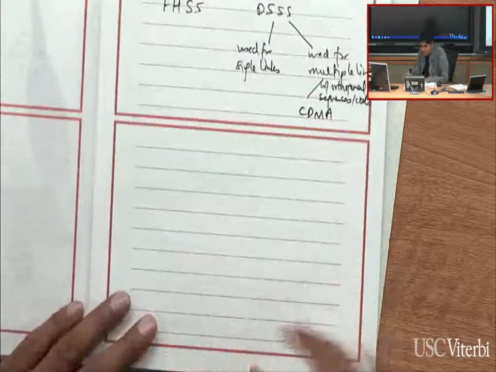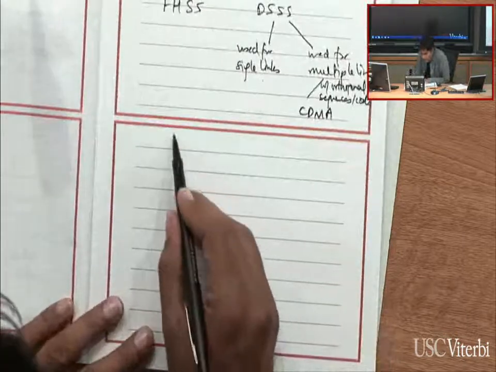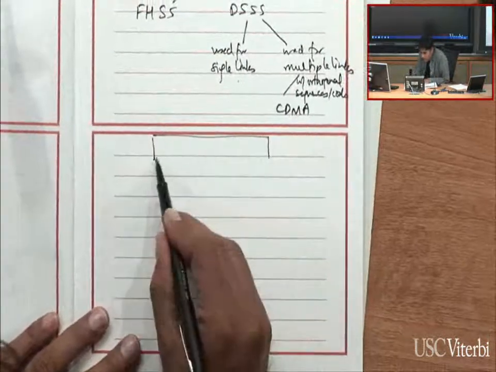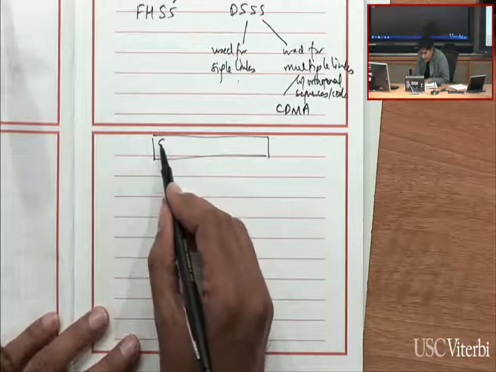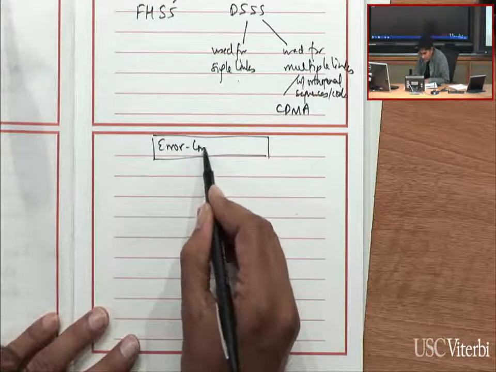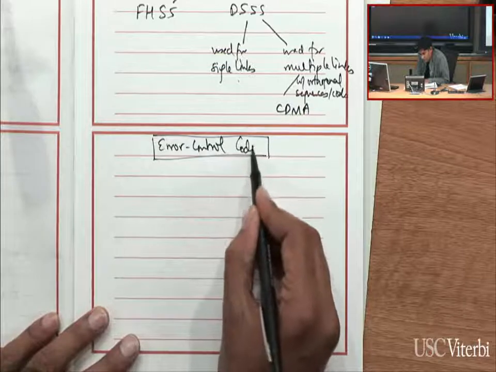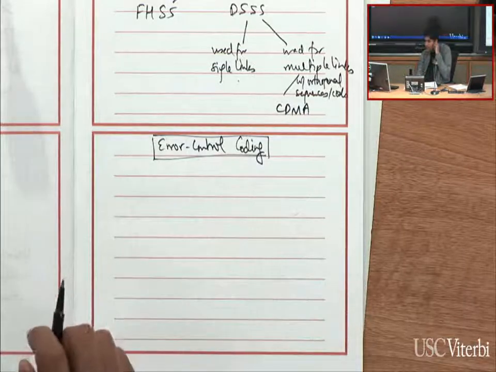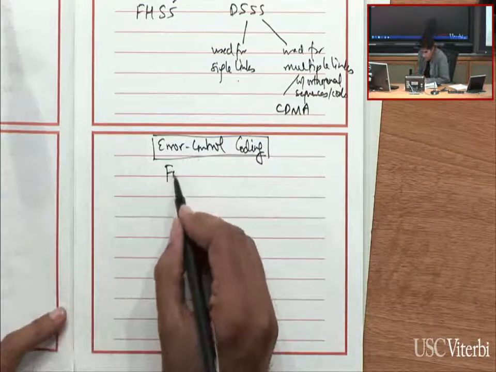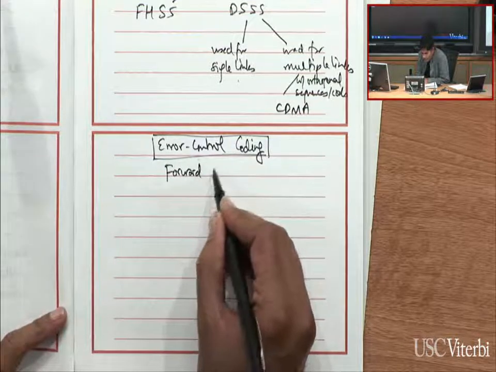So we have a little bit of time. The other class of techniques I want to talk about, and again, we won't get into very much detail in this class, is error control coding, or sometimes referred to as forward error correction.